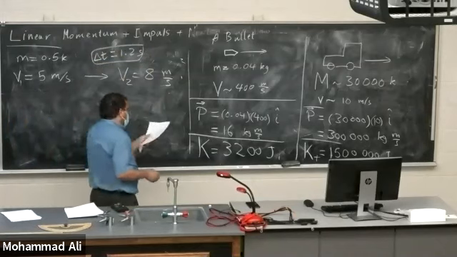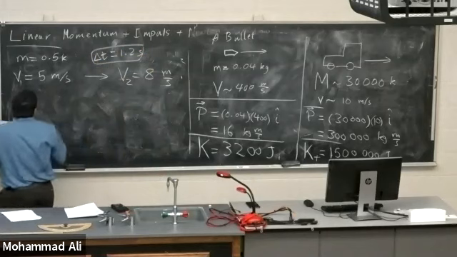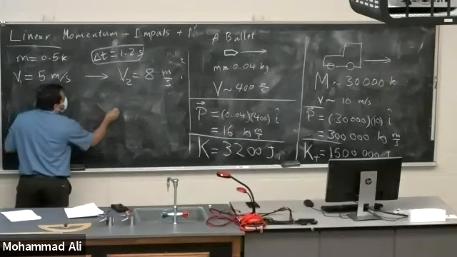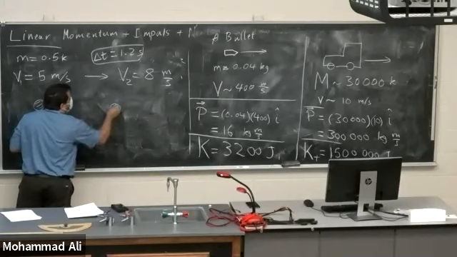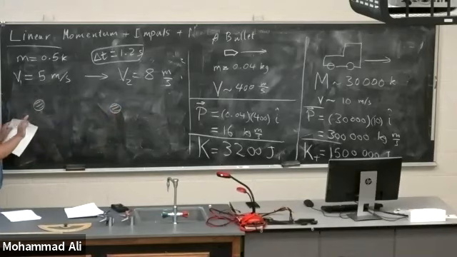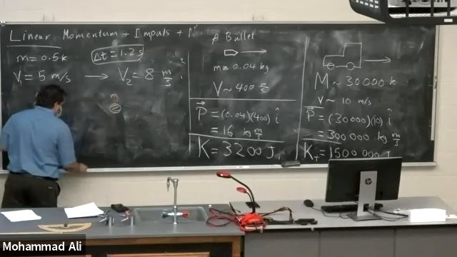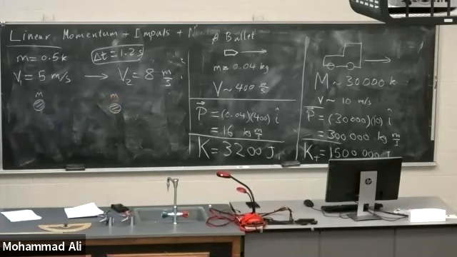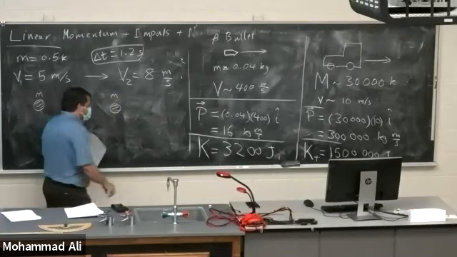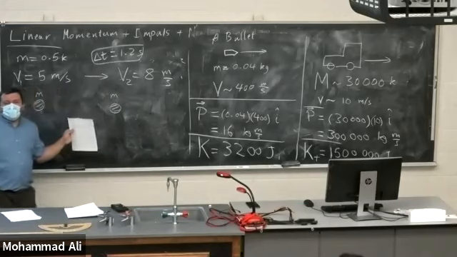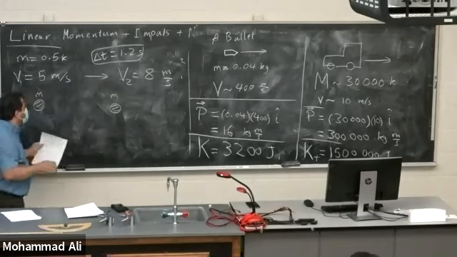Now this is the ball initially, and this is the ball finally, but its mass is the same. There is no change in its mass. Later, maybe tomorrow, we will study the change in mass in the rocket example.